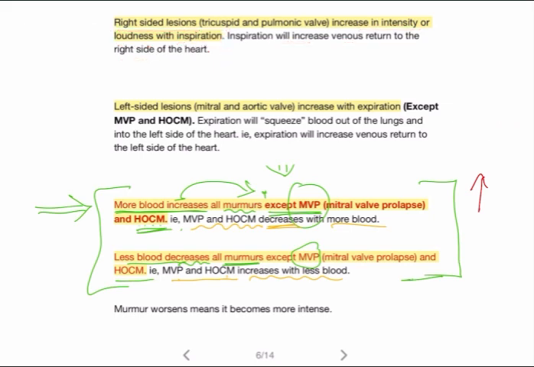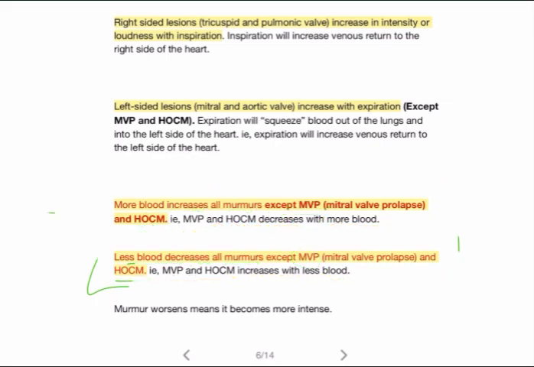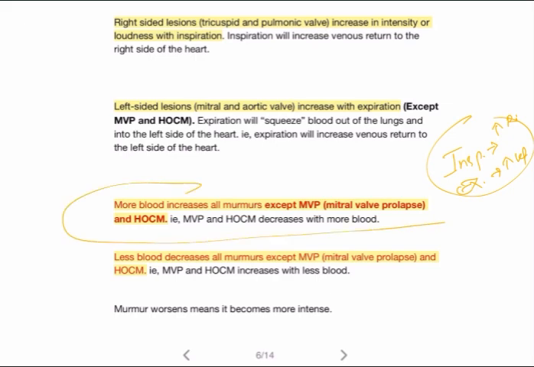I'm coming back. Among these 4 points, if you know the basic concept that inspiration increases venous return to the right side, expiration increases venous return to the left side, and this point, more blood increases all murmurs except MVP and HOCM, you can answer any question.